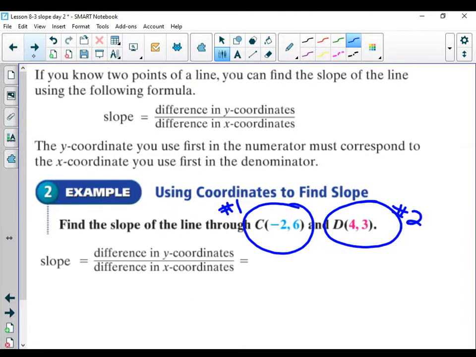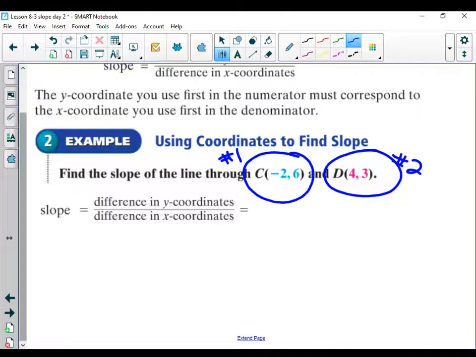So if I'm going to pick the Y from group 2, which one of these is the Y? 3. Some people in first hour even started putting X, Y on the top. It really helped them. So in this first spot, I need to pick the Y from group 2.